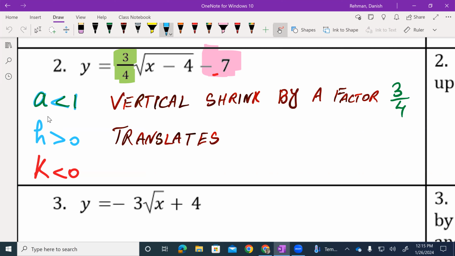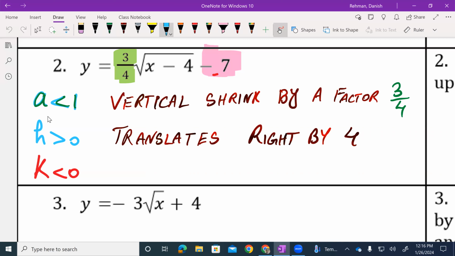Mike? Which side is it translating to? Look at the key that I gave you in the worksheet. Which side is it translating to? Right, exactly. It's translating to right by how many units?